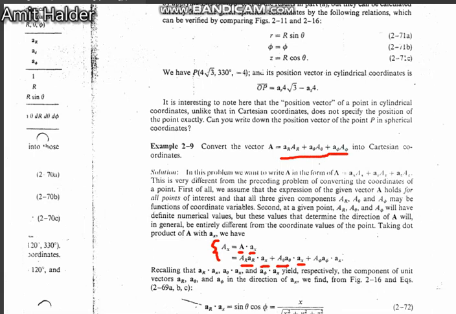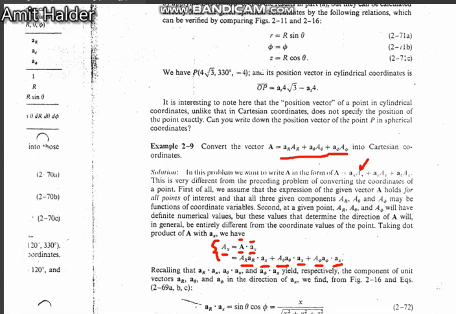First of all we have to take a dot product with ax, to find out Ax, that is the coefficient of ax.